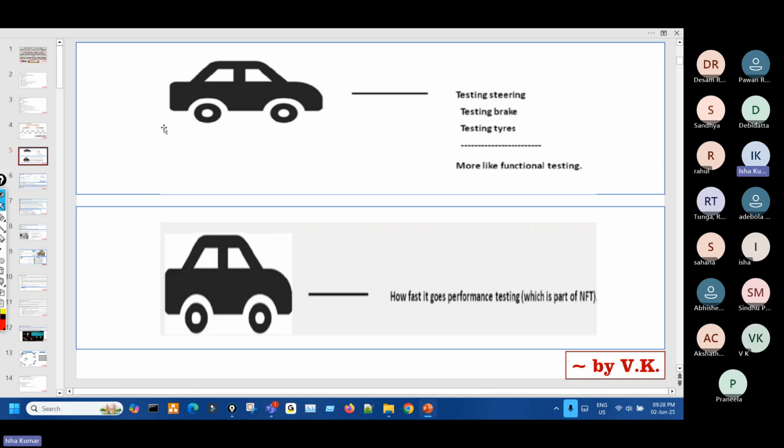Then what is the performance of that? Performance in terms of many things: speed, reliability, correct? That is where performance comes in. So this performance is a kind of non-functional testing. Performance is everywhere. If you see in our day-to-day life, this word is everywhere.